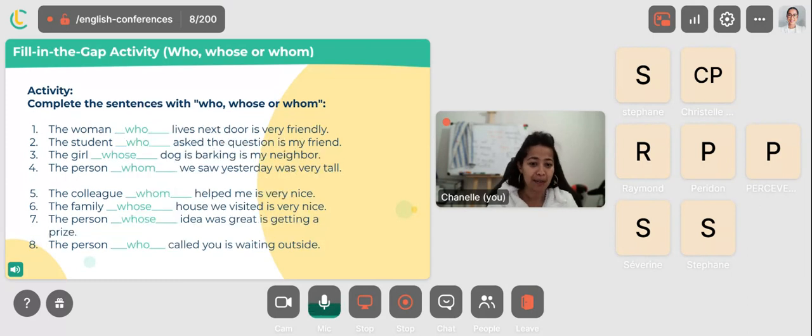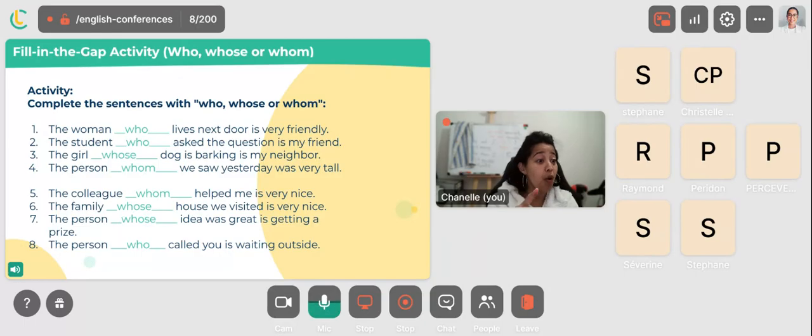Let's have a look. So, the woman who, the student who, the girl whose dog, the person whom we saw, the colleague whom helped me. Now, generally, for number 5, I would say the colleague who helped me. The colleague whom helped me, but why is it acceptable here?